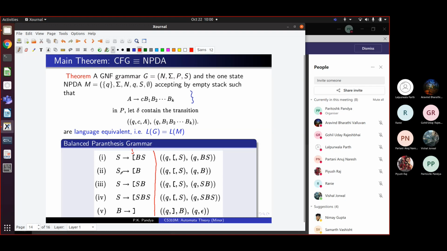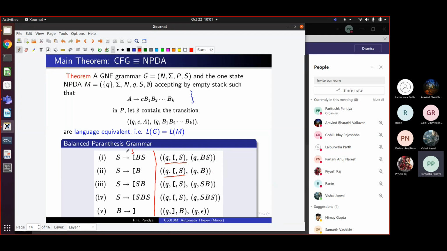Similarly, this rule says if I see a left bracket in the input string, then I will replace the symbol S by QB. So I can non-deterministically take this rule or this rule on matching such a part of the rule. I have non-determinism here because I have non-determinism in the grammar, I can rewrite either as this, or I can rewrite also as this. So I have a third rule which looks like this.